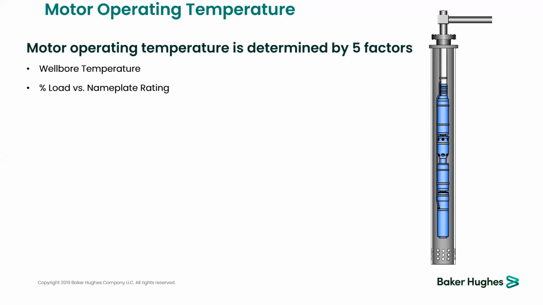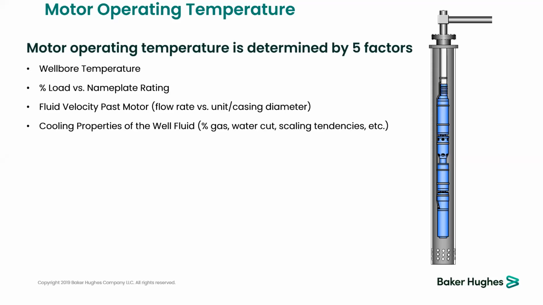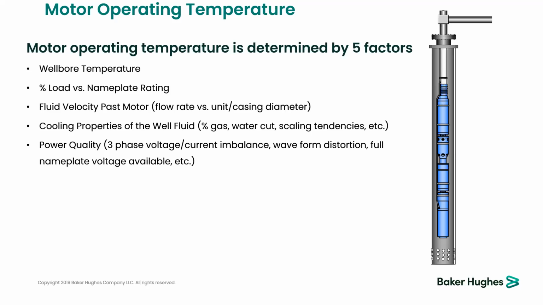Do you have scale? Do you have wax? Do you have viscous fluid? Do you have gas or not? All of those conditions could affect your answer on the required fluid velocity. But according to API, you should have 1 feet per second fluid velocity past the motors. And as I said, that cooling will vary with the percentage of gas, water cut, and scaling.